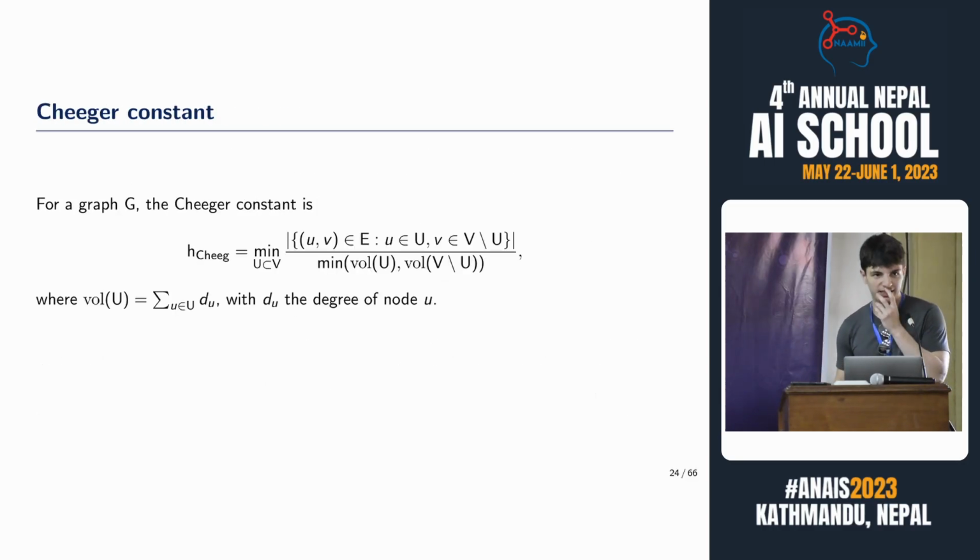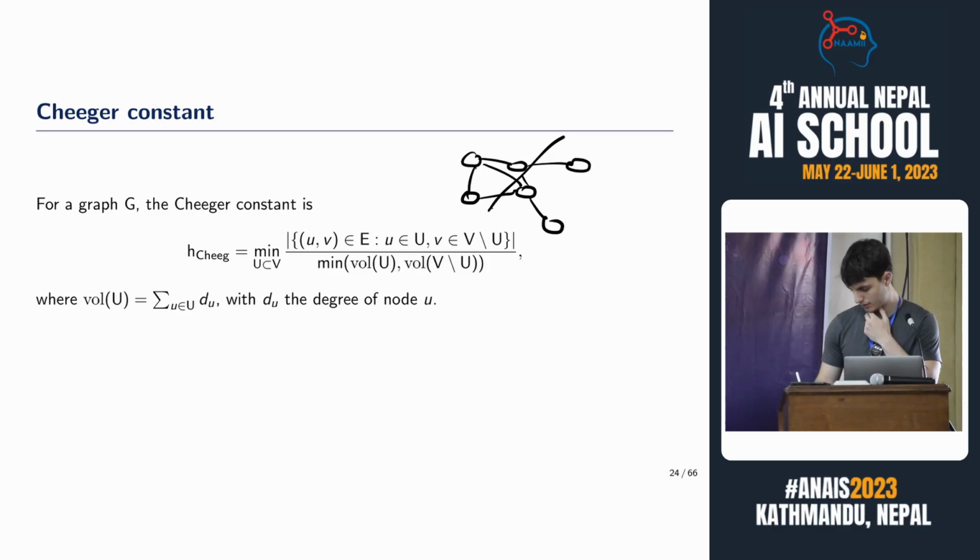Okay, why is this true? We introduced something known as a Cheeger constant. The Cheeger constant is related to minimum cuts. Let's say I have a graph like something like this, yeah? What I do is I look at all partitions of the graph, so I divide the node set into two separate sets, right?